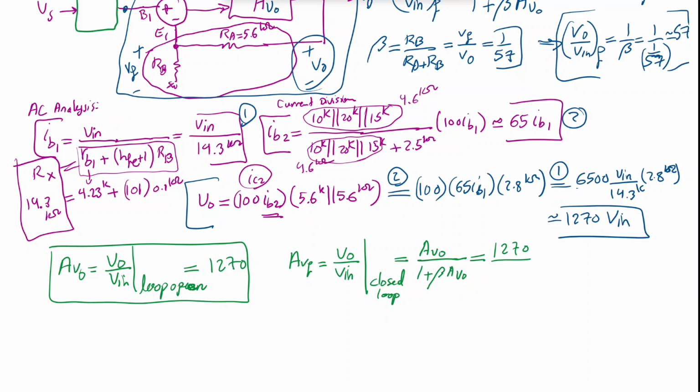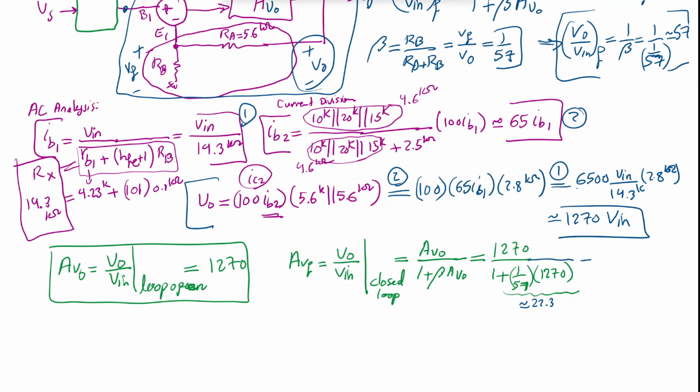So 1270 divided by 1 plus 1 over 57 for beta times 1270. So this guy turned out to be on the order of, say, 22.3. So it's not exactly much larger than 1, but practically speaking it is good enough.